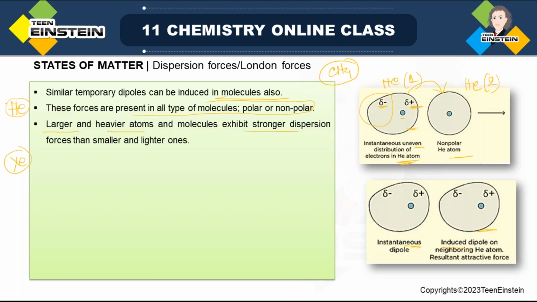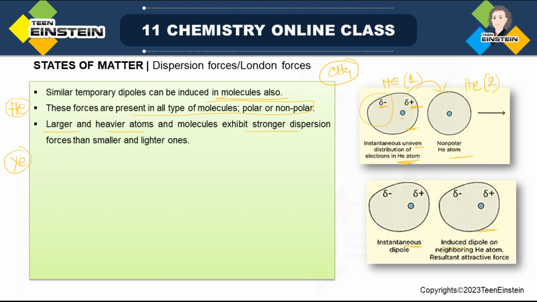So it is directly related to mass. When you compare two similar molecules and ask which will have more dispersion or London force, obviously the heavier one, where the mass is high, will have more dispersion forces.